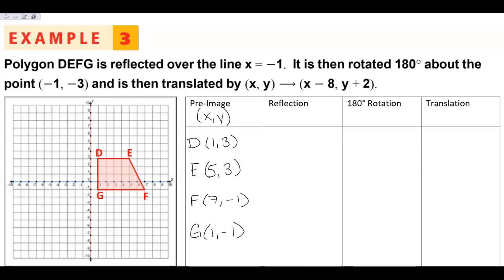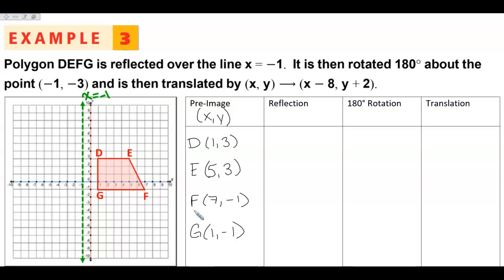Or excuse me, a vertical line. Okay, so anytime we have x equals, that means I have an undefined slope. That's a vertical line. So it's going to be at a vertical line where my x-intercept is negative 1. So this line right here is going to be the line x equals negative 1.